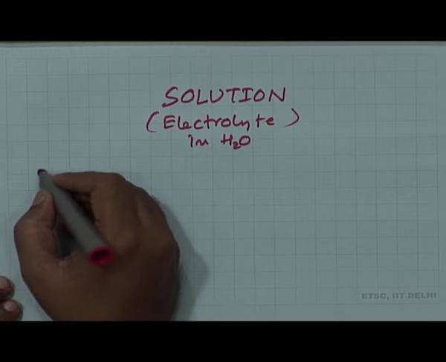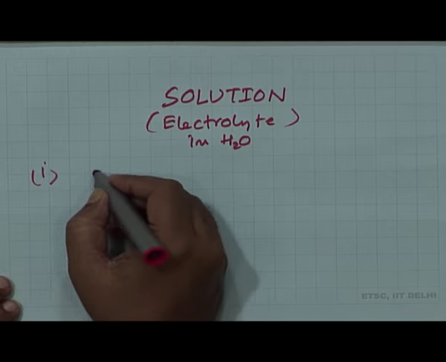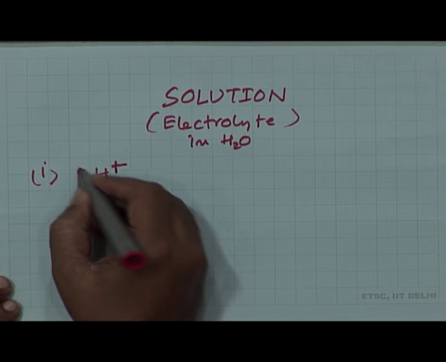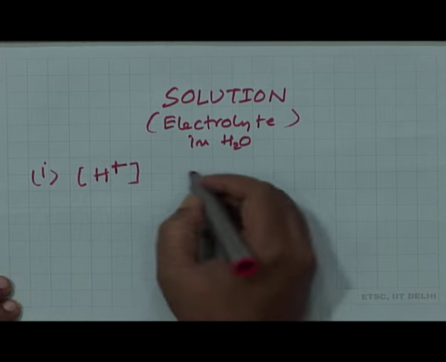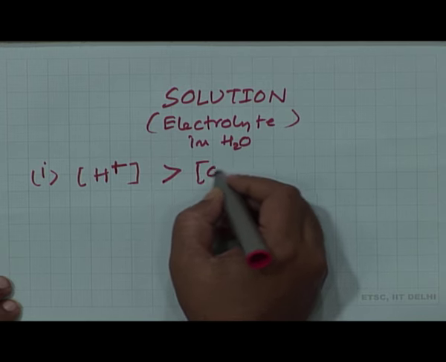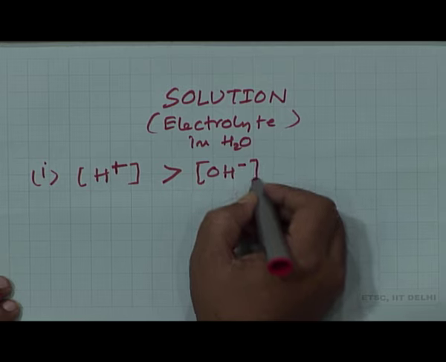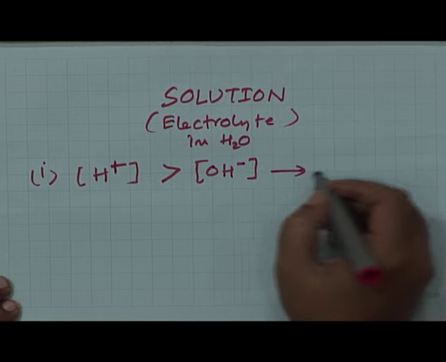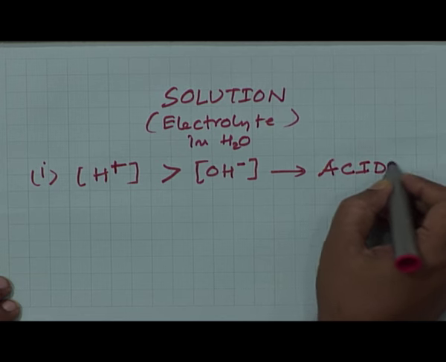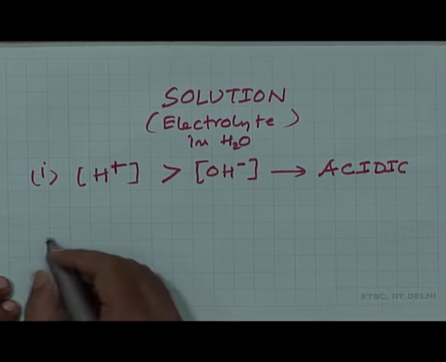First, when the concentration of H plus ion is greater than the concentration of OH minus ion, then we say the solution is acidic.